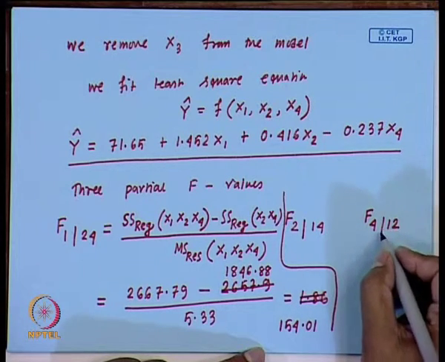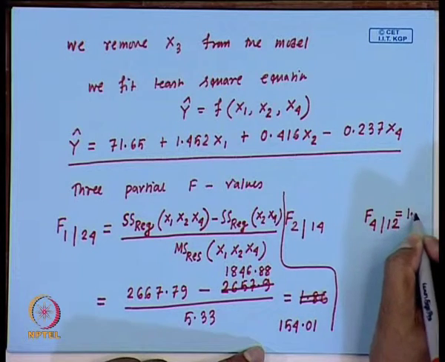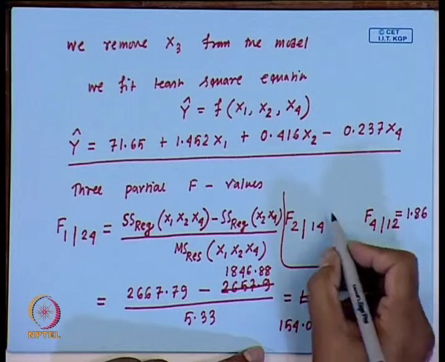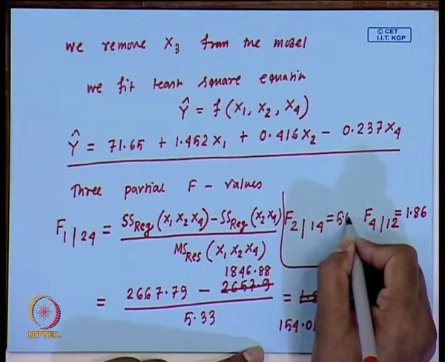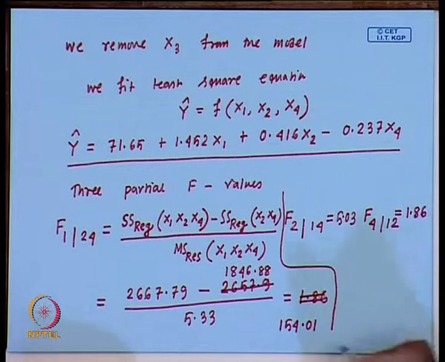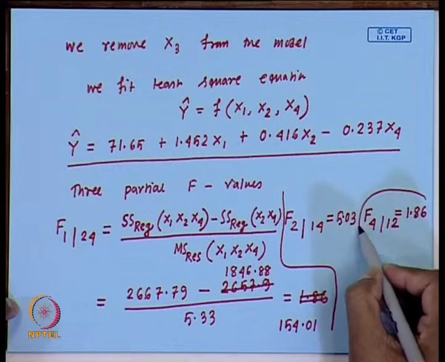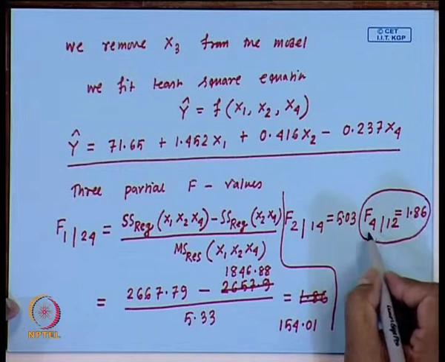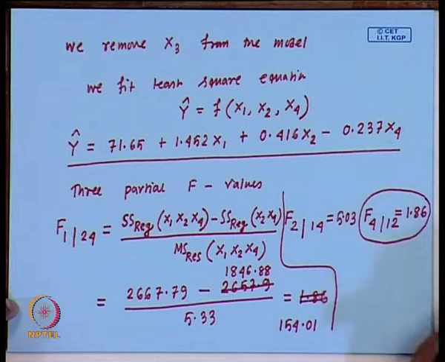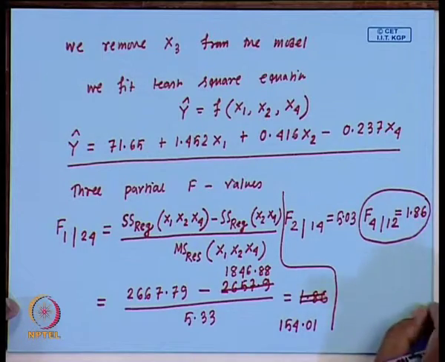Now, you can check that the value of this partial F statistic is equal to 1.86, the value of this partial F statistic is equal to 5.03. So, the smallest partial F value is this one. That means, if this F is less than the tabulated value, then we are going to remove x 4 from the model, because this partial F statistic is associated with x 4, right.